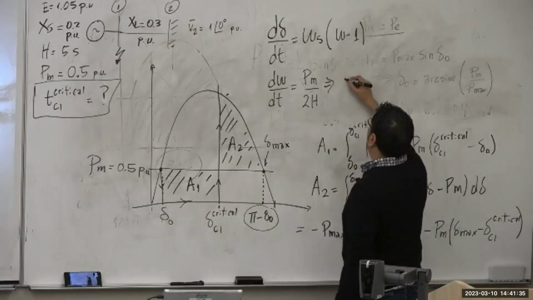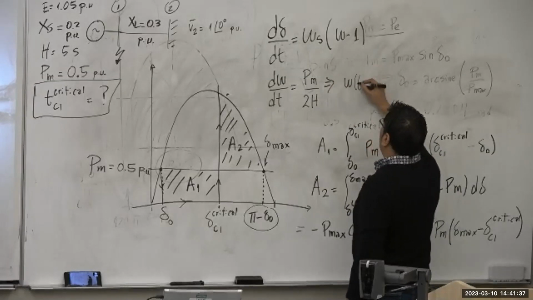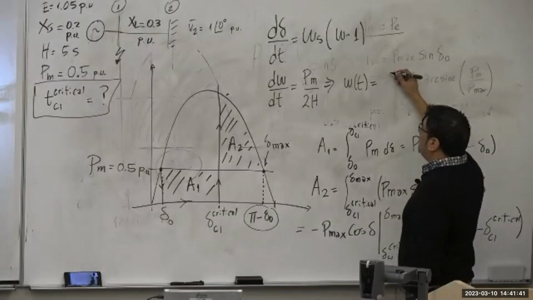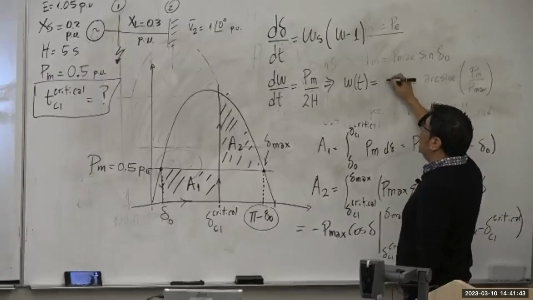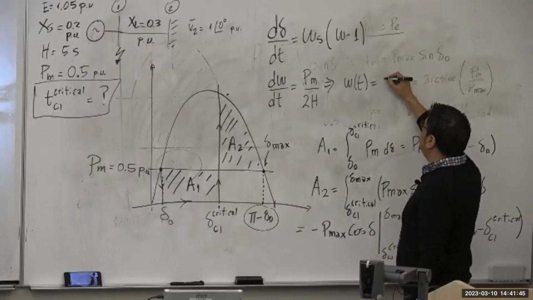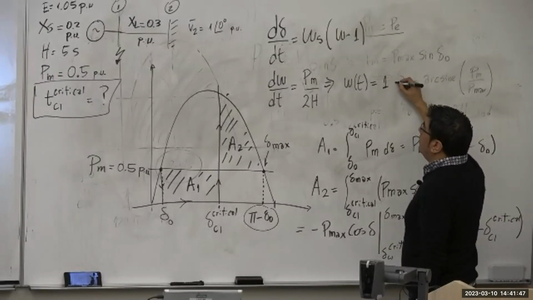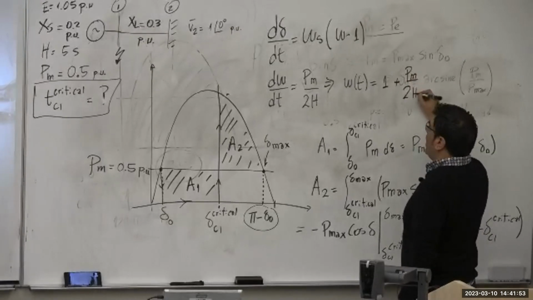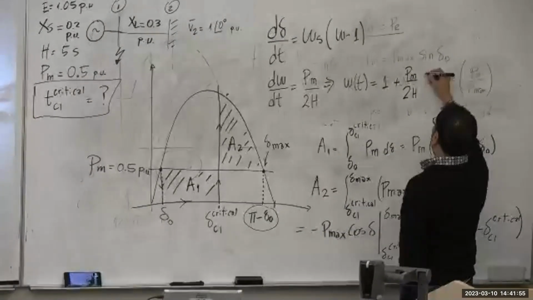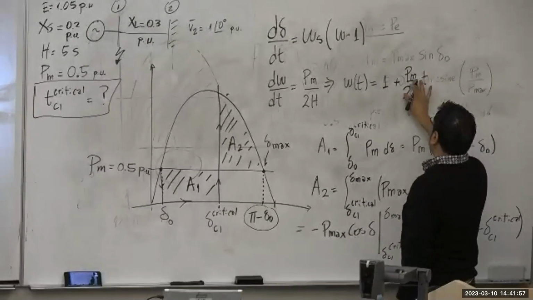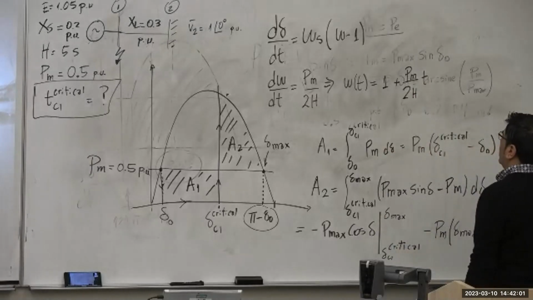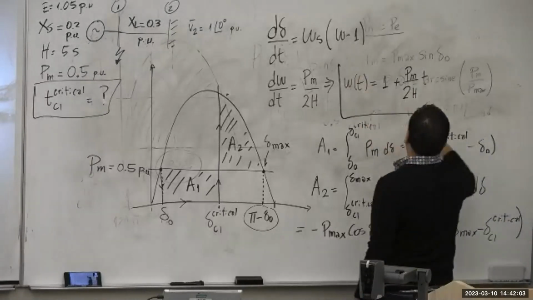So from here, the speed in time is going to be an initial speed, which is 1, plus PM over 2H, which is just the integral of this, times t. That's the expression for the speed.